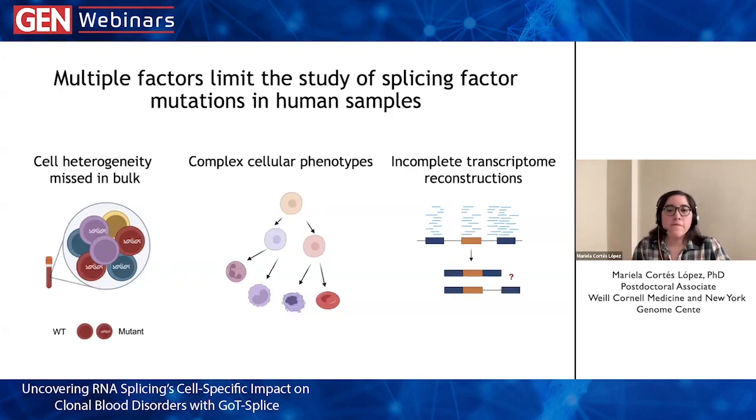And moreover, at the single cell level, we still rely on short-read reconstructions, which, when we want to look at the transcriptome level, do not allow us to specifically identify the isoforms that might be affected by this specific change in the mutant SF3B1 phenotypes.